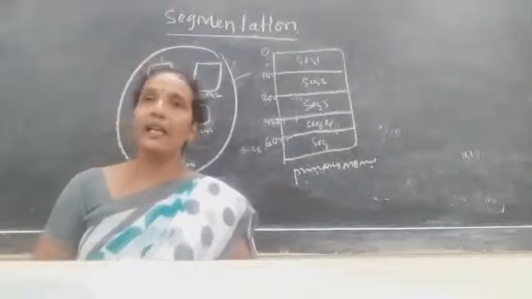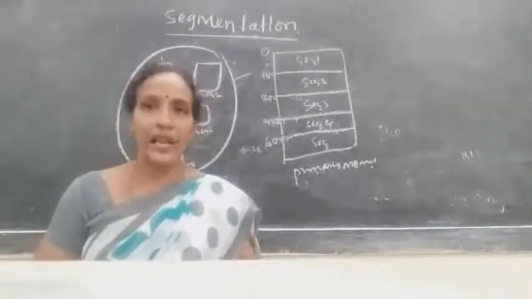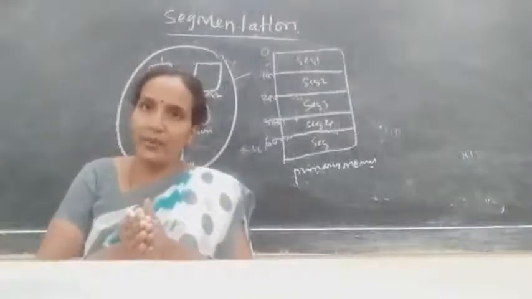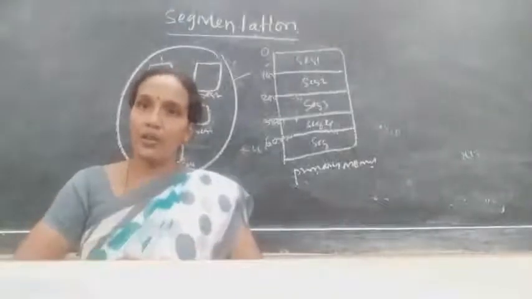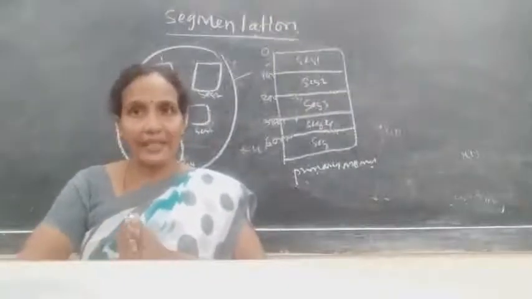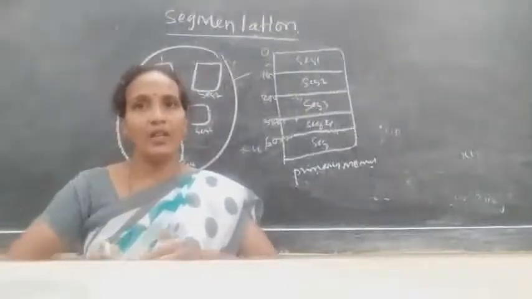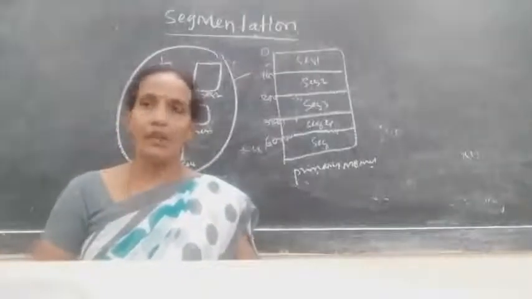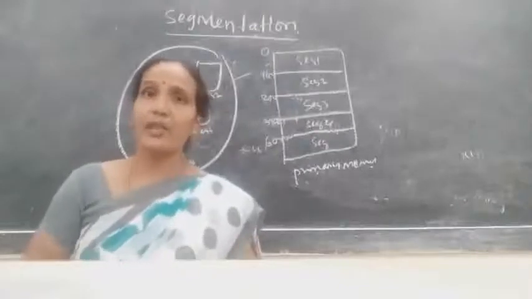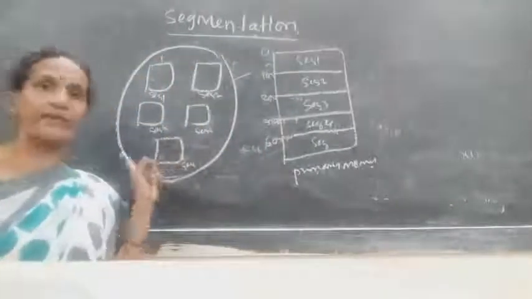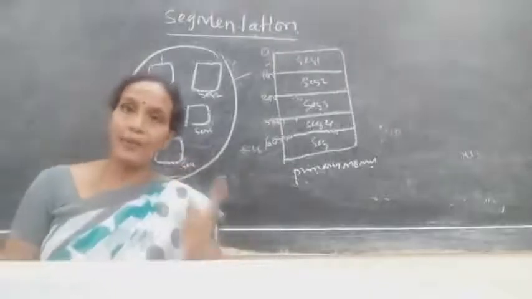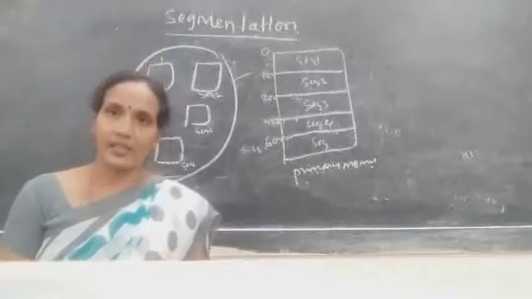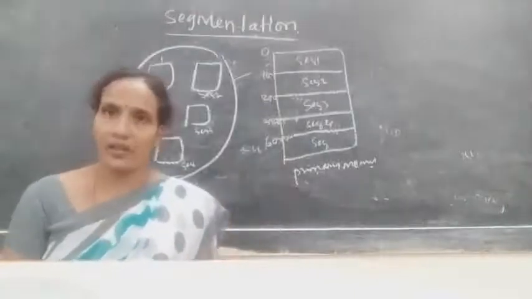Variable size means it depends on the size of the module. If the module has only 20 bytes, we'll give 20 bytes of memory. If it needs 40 bytes of memory, then we'll give a 40-byte segment. That part will get that much only. Understood all of you? And one more condition is, you have 5 segments, and it is not compulsory that all these 5 segments should be contiguous, because our topic is non-contiguous.